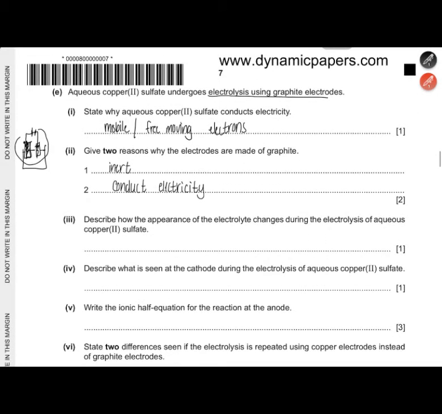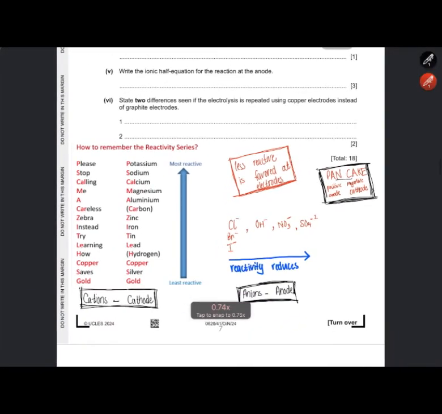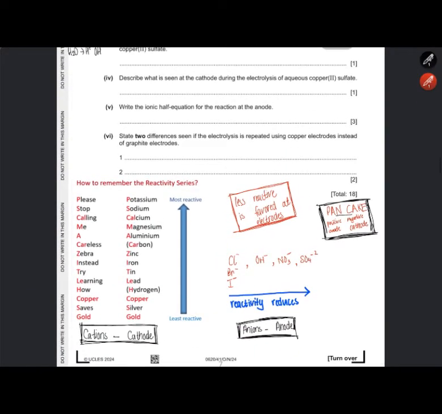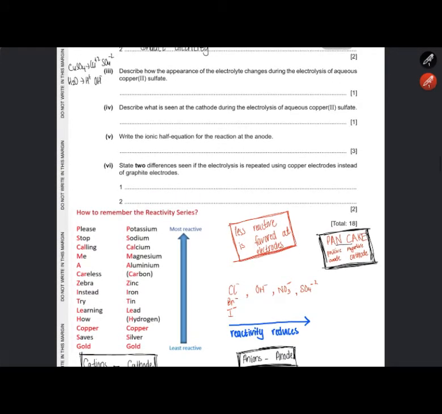Describe how the appearance of the electrolyte changes during the electrolysis of aqueous copper sulfate. So in aqueous copper sulfate, we have CuSO4 and we have water: Cu2+, SO4 2-, H+, OH-. To do this electrolysis, we need to memorize the reactivity series. Looking at the cations first, we have Cu2+ and H+.